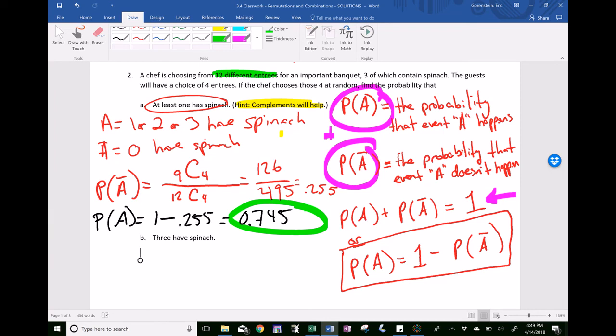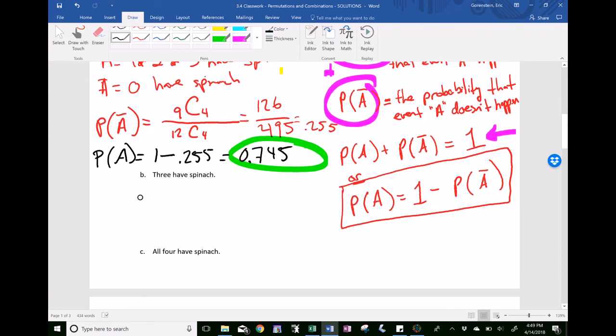Part B and C are a little bit more straightforward. In part B, what's the probability 3 have spinach? If there are 4 entrees to select, so entree number 1, 2, 3, and 4.